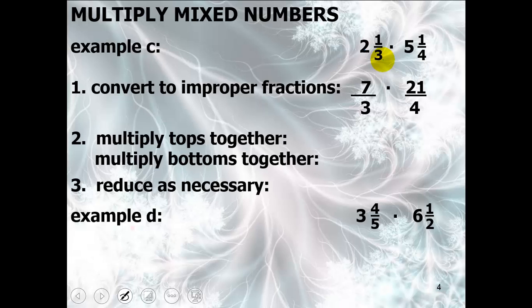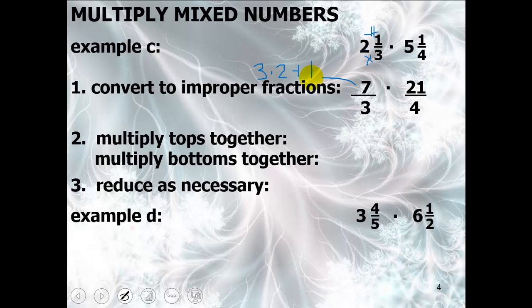To do that, we take our denominator times our whole number and then add the numerator. Denominator times whole number plus numerator. So I get 3 times 2 is 6 plus 1 is 7. That's where the 7 came from. 3 times 2 plus 1.